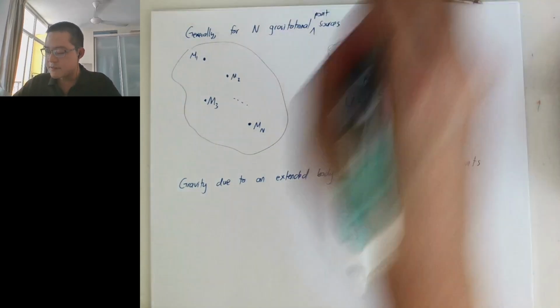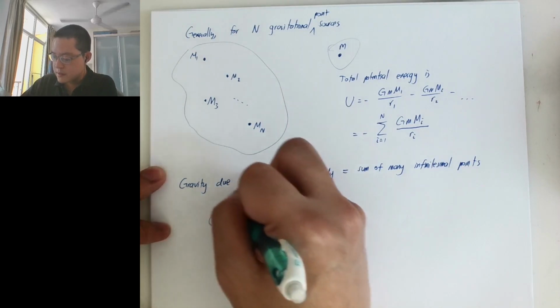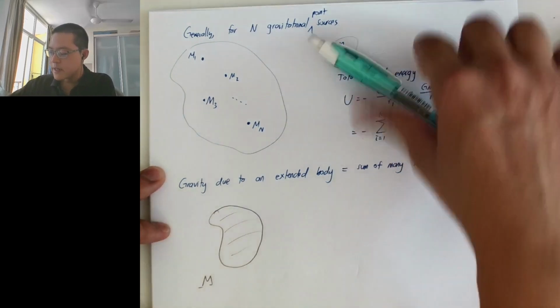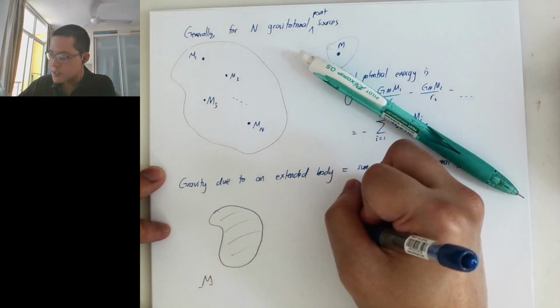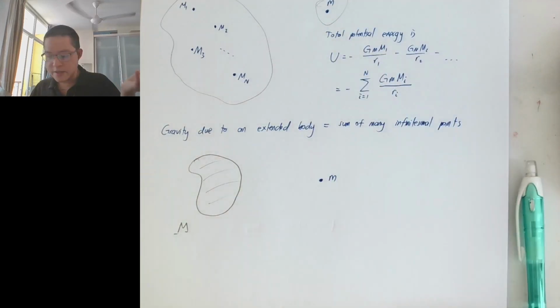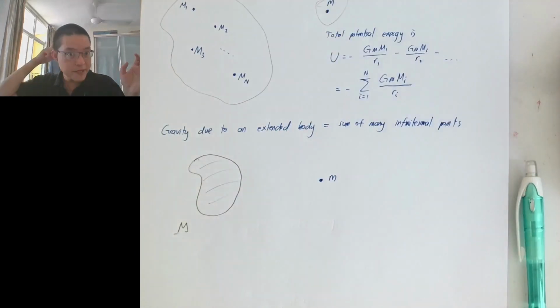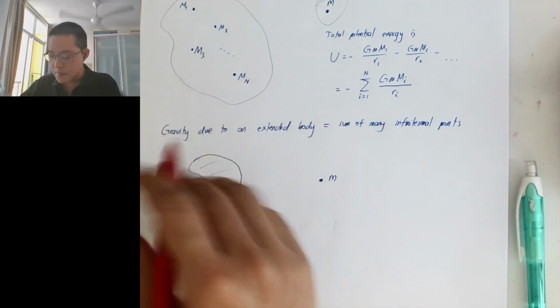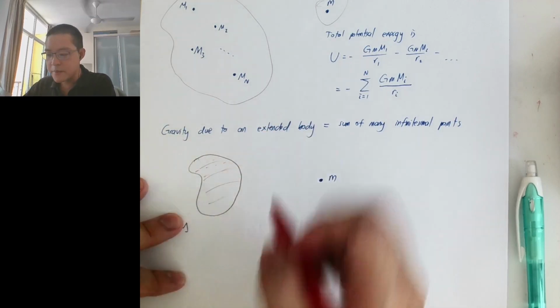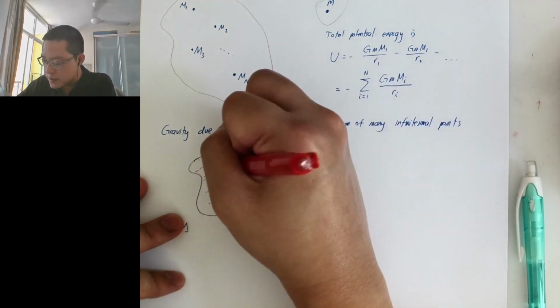Let's say I have some extended body, and my total mass is m. What is the gravitational potential energy on m2? We do the usual thing as we did for moments of inertia and center of mass: we consider this as a sum of many points. We look at one point.